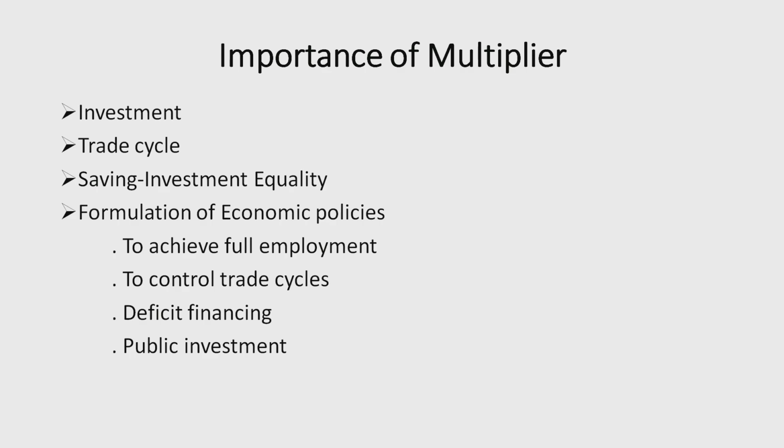And the last one is public investment. Here, the above discussion reveals the importance of the multiplier in public investment policy. Public investment refers to the state expenditure on public works and other works meant to increase public welfare. It is autonomous and is free from profit motive.